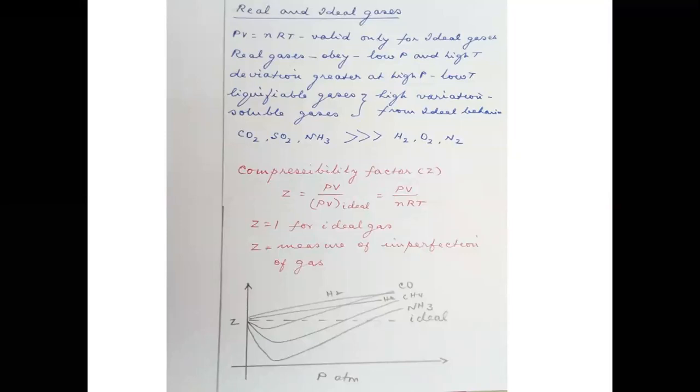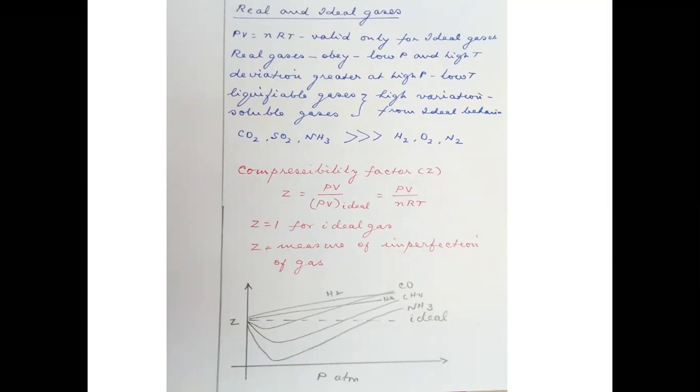They will get broken. Hence, at low pressure and at high temperature, even though they are real gases having intermolecular interactions, they are too much separated to have intermolecular interactions. And the temperature is also high because the intermolecular bonds are broken. So real gases will behave as an ideal gas at low pressure and at high temperature.